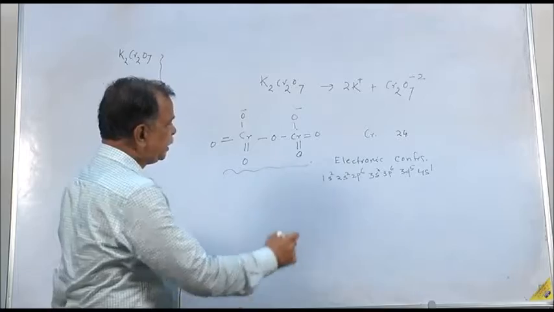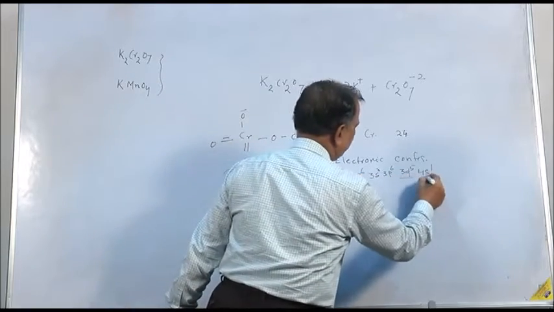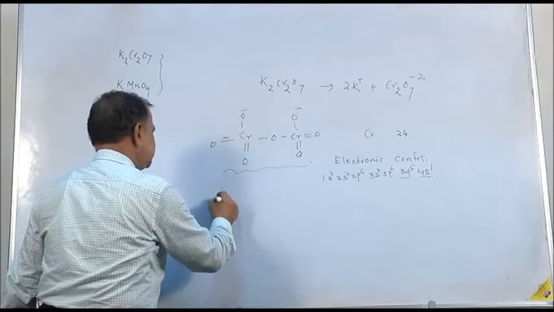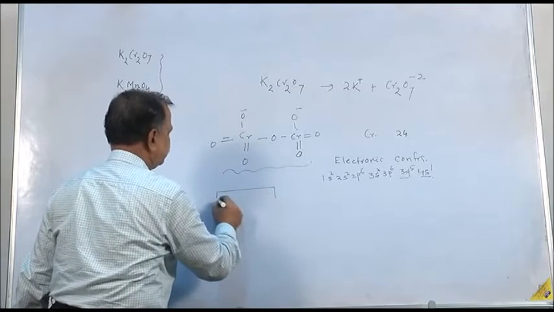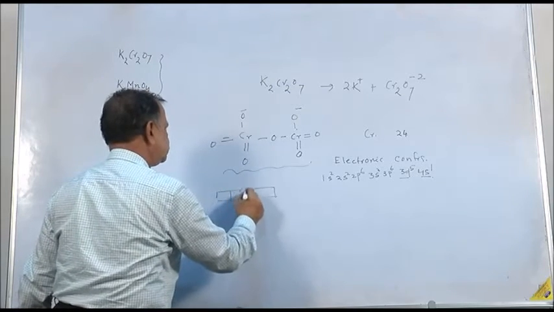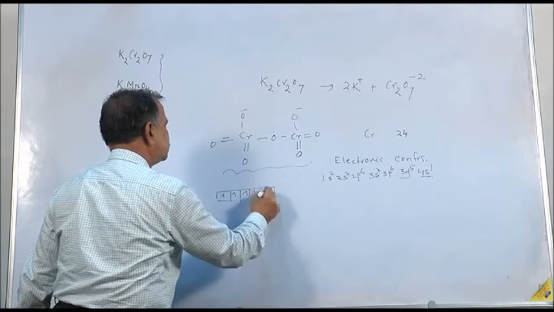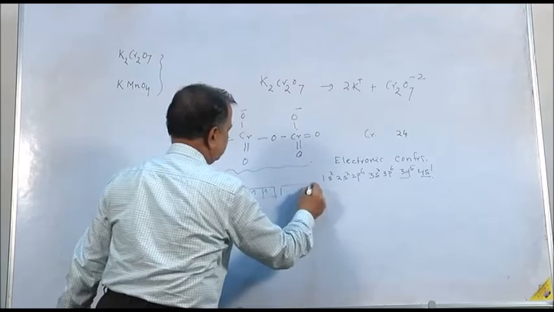So, it contains the outer shell 3d5 and 4s1. In the box diagram, we may write like this: 3d5 and 4s1.